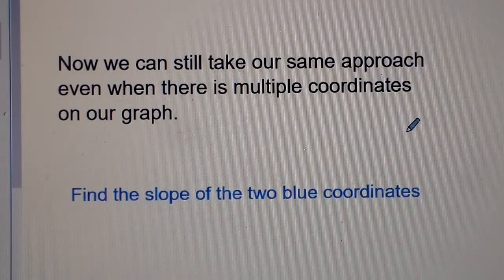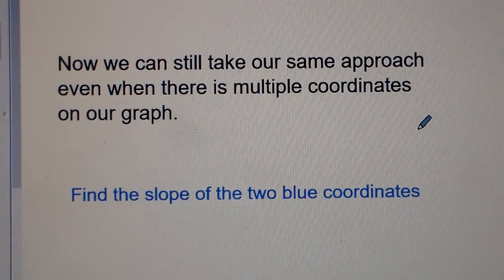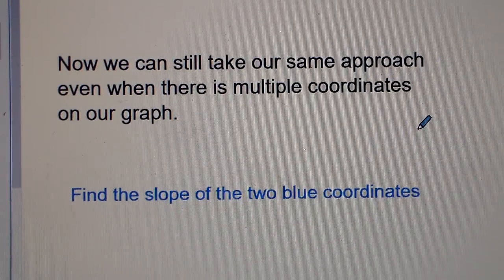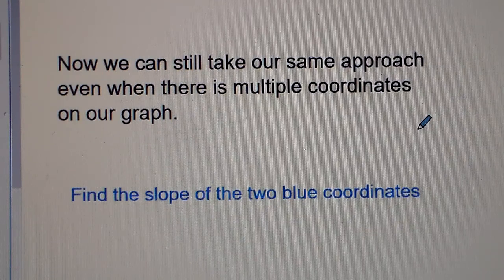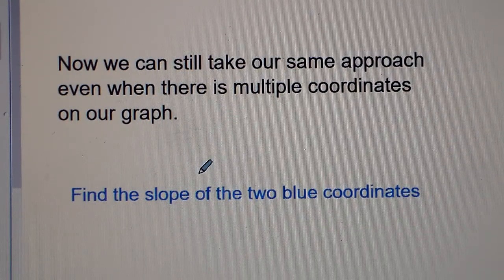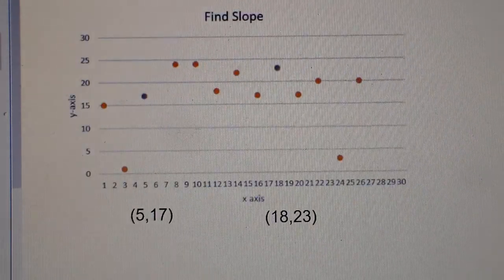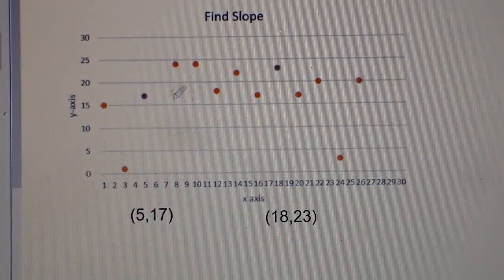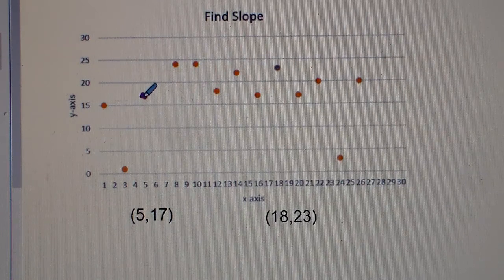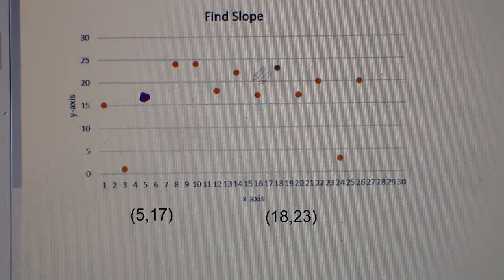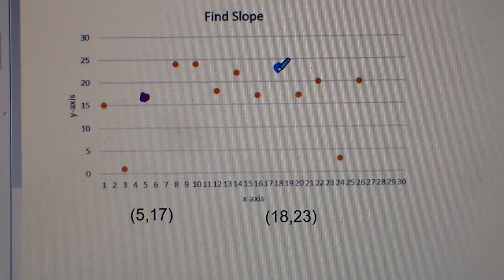Alright. Now we could still take our same approach even when these graphs have multiple coordinates on them. You're going to find the slope of the 2 blue given coordinates. Even when there's a whole bunch of coordinates, you could still do this. You can see this one purple coordinate, I'm going to make it purple, and this blue coordinate here.